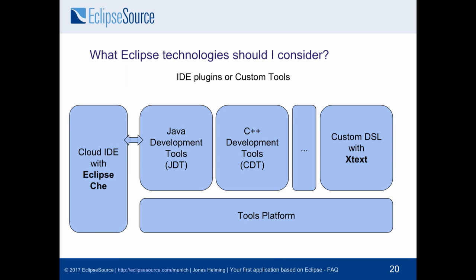There is a new or pretty new project at Eclipse called Eclipse-based. That's a cloud IDE. I will not go too much in detail about Eclipse-based because there's a talk directly after my talk in the same room about it. In a nutshell, it provides a cloud IDE, so you can modify the code in the browser. Plus, it provides a server which can actually host runtime.